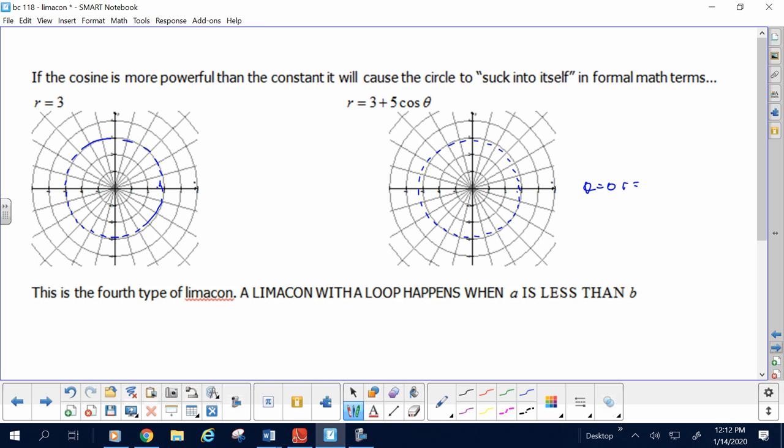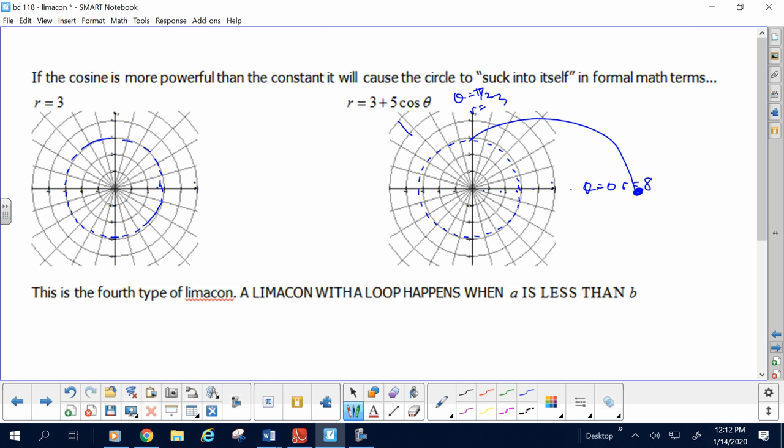So I keep your scale of 1 because I want the graph to be nice and big. 1, 2, 3, 4, 5, 6, 7, 8. It would be way over here, yeah? Yeah. Okay. And what about at theta equal pi over 2? R is 3. So we went from way stretched out to less and less stretched out until we get to pi over 2 when the cosine doesn't do any stretching out and r is just 3. You with me? Cool.